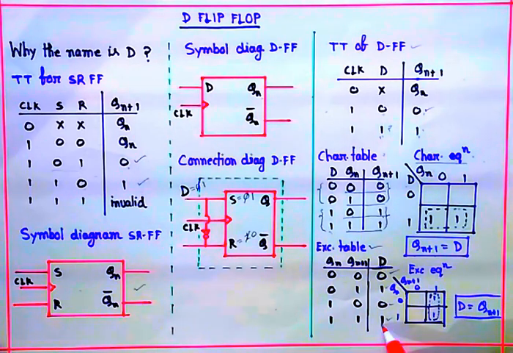Now again there is a 1. At that time Qn plus 1 was 1 1. That means put a 1 here. Now form a group using these 2 ones, and ultimately you will get D is equal to Qn plus 1, because for this group Qn plus 1 value is constant at 1, but the Qn is varying between 0 and 1. That's why you can say that D is equal to Qn plus 1.